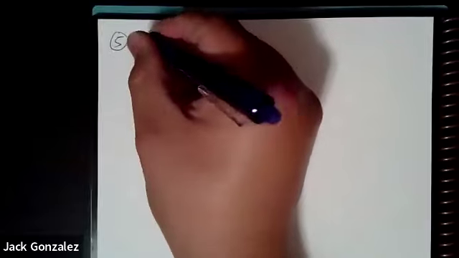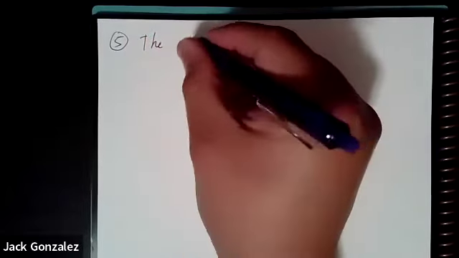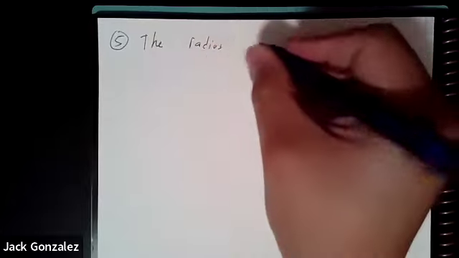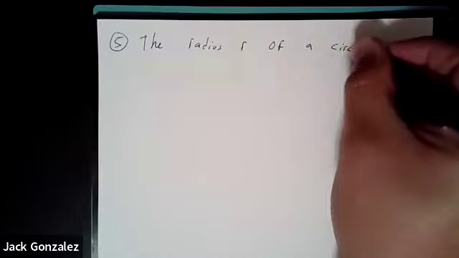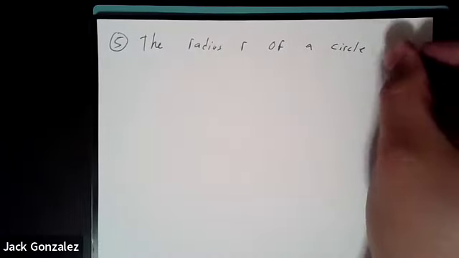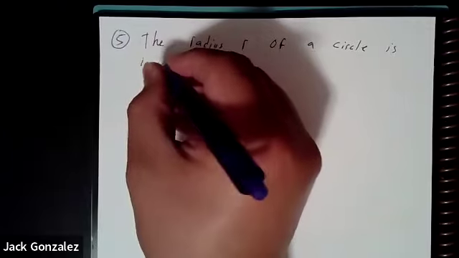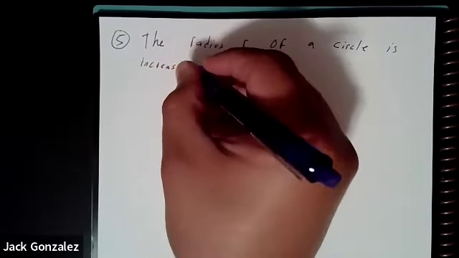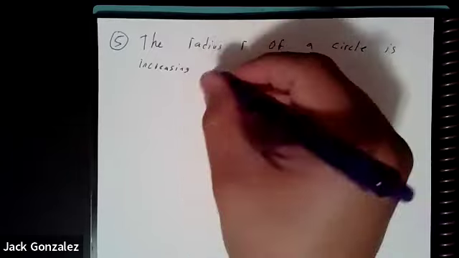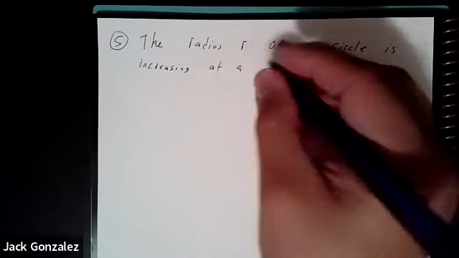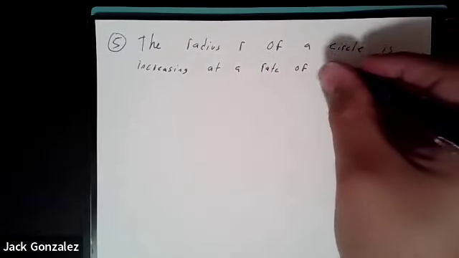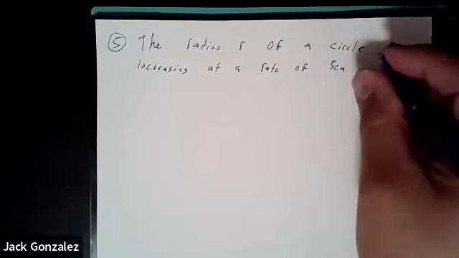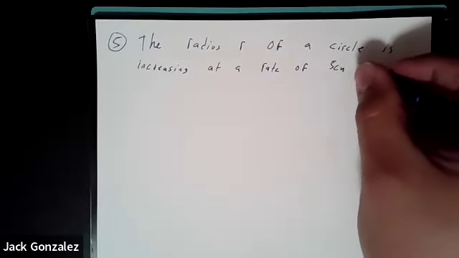Number 5. The radius r of the circle is increasing at a rate of 5 centimeters per minute.